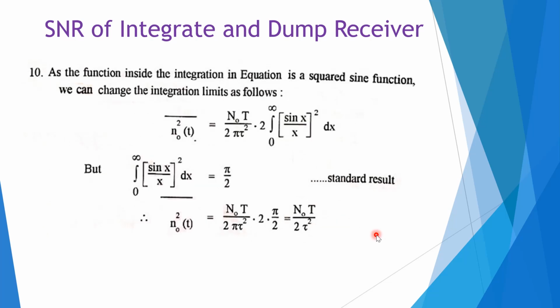As the function inside the integration in the above equation is a squared sine function, we can change the integration limits as follows, like 2 times 0 to infinity over here. And then we can replace this pi by 2, and we will be getting at the end the output noise voltage, that is N0 T divided by 2 pi tau square.